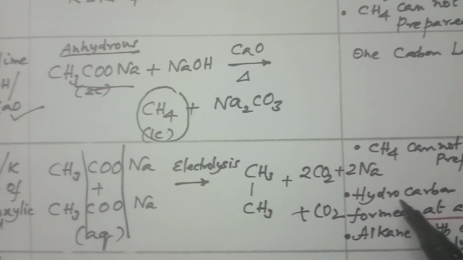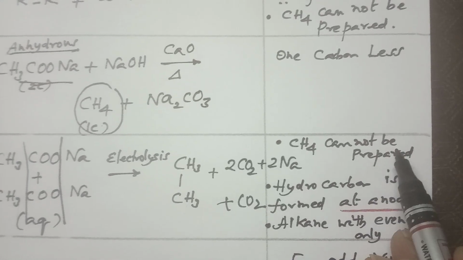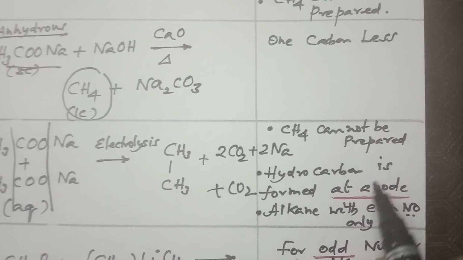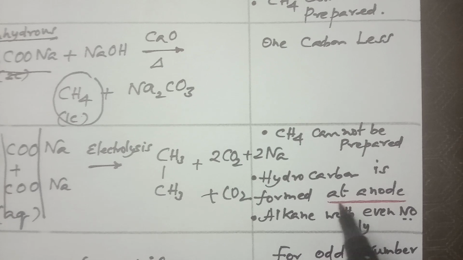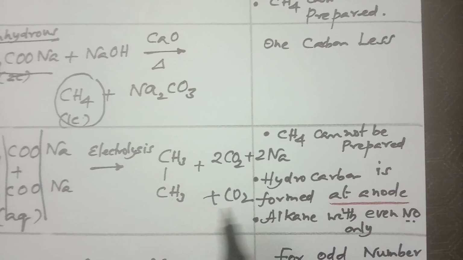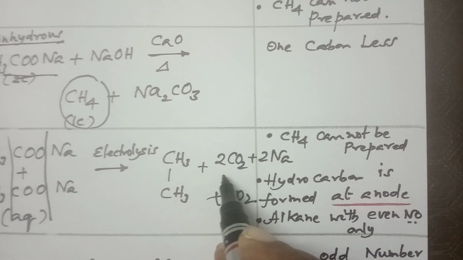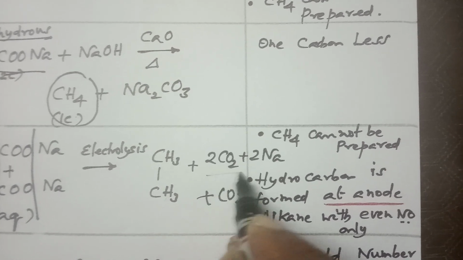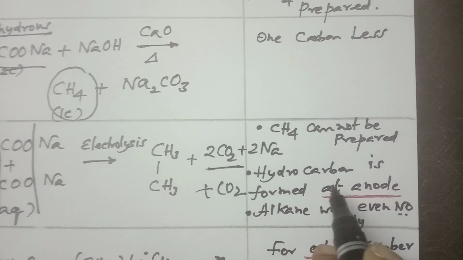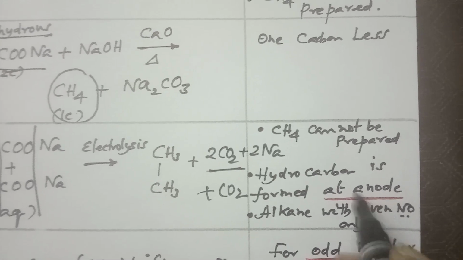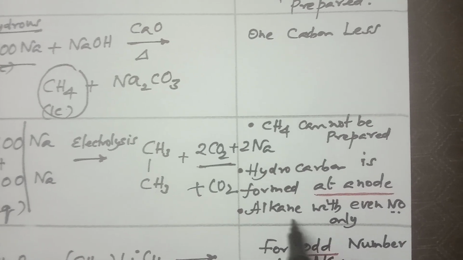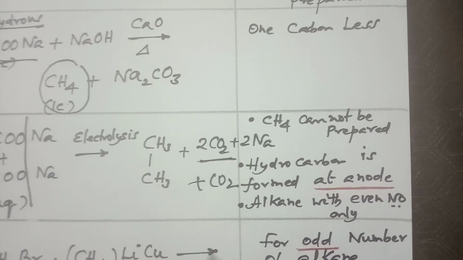The important point here is that methane cannot be prepared. Hydrocarbon is formed at the anode, along with carbon dioxide. This is the way they are asking: hydrocarbon plus carbon dioxide at the anode. Note this point, and alkanes with even numbers of carbon are prepared.